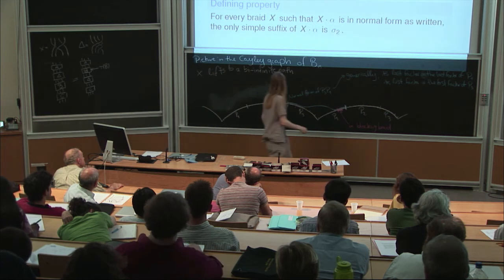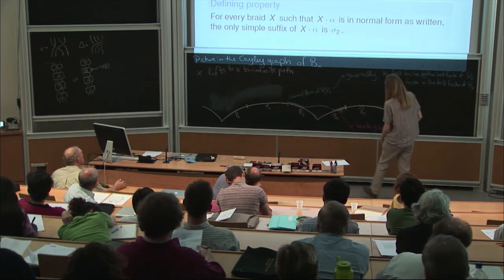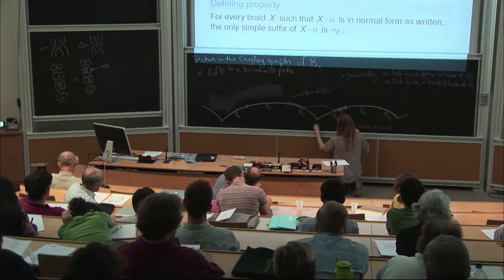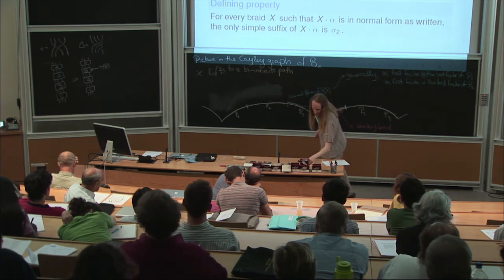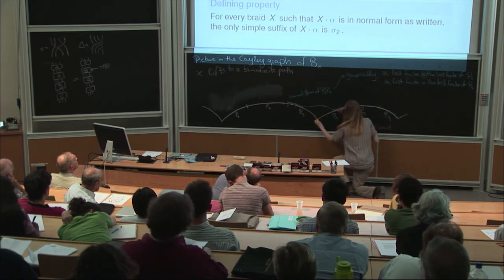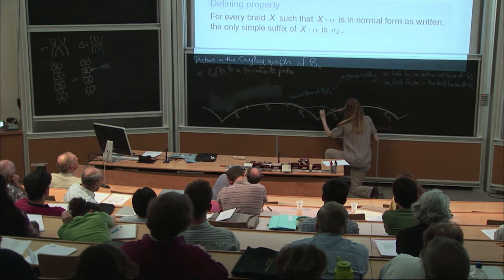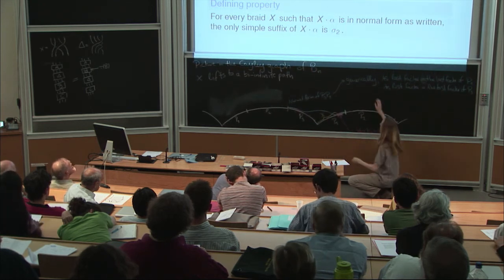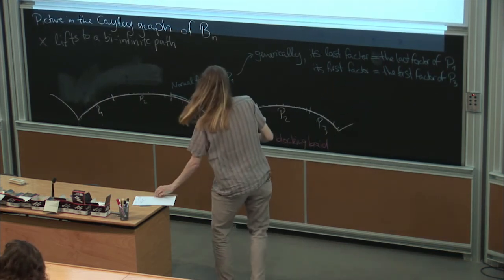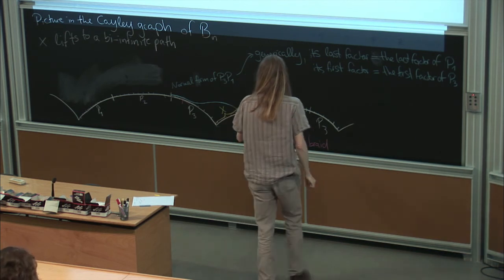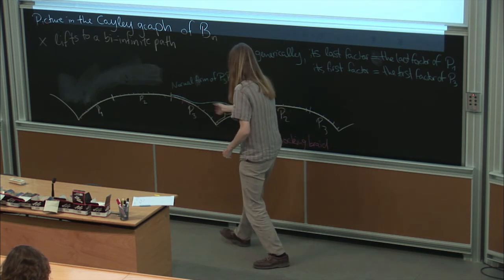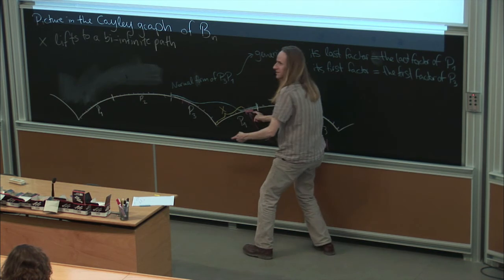Okay, so if we call in that picture everything that I don't know if you can see that. That part is X, everything that comes before the blocking braid. So, P3 will eat part of X alpha.